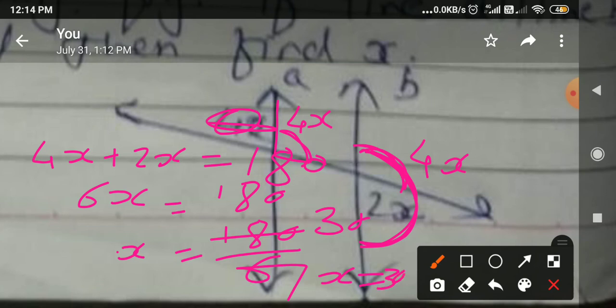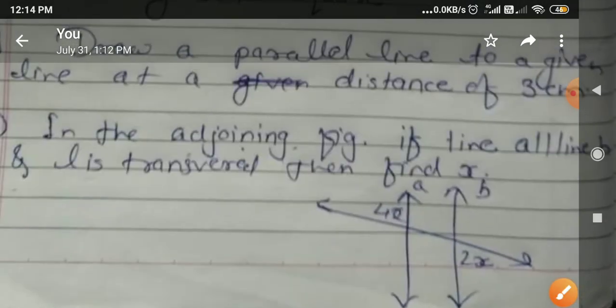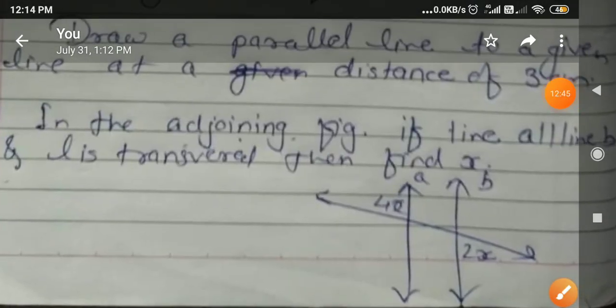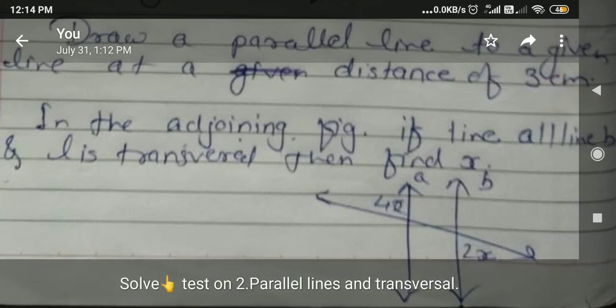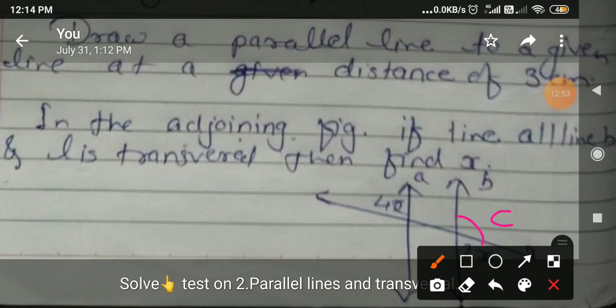In our question they asked us to find the value of x only. But if they ask what the measure of an angle is, suppose names are given, say angle C, what is the measure of angle C?